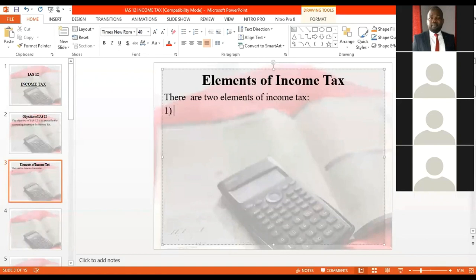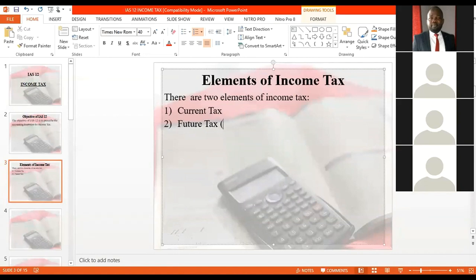The first element is called current tax. Please, this is a very important topic because it's almost there in every exam. There is current tax, but there is also future tax. So when we talk of elements of tax, they are two: either current tax or future tax.